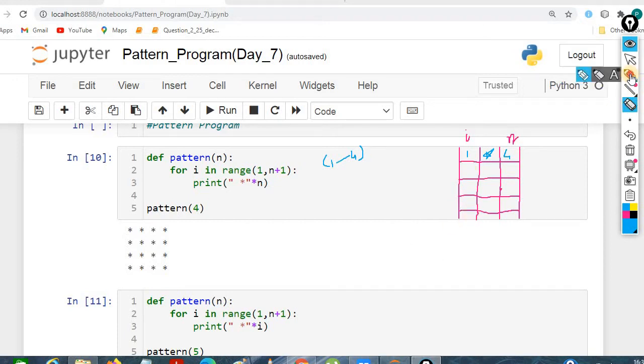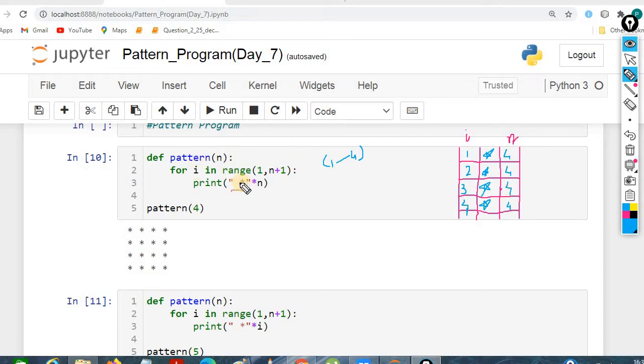In the same way we go for the second iteration. Now i becomes 2, the star remains the same, and it is again multiplied by n, which is 4. As you see, when the loop goes for the second time, again it is star into n, which is 4. The loop runs a third iteration, i equal to 3, and the same star is multiplied by 4, giving 4 stars.